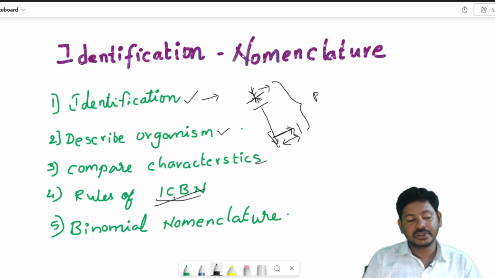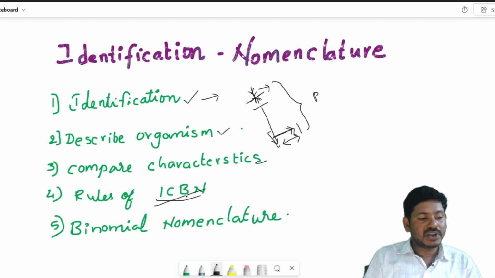Code is nothing but rules, principles, accepted principles. Through the accepted principles, we can give botanical names to plants. Botanical means names for plants. So what are those botanical principles?